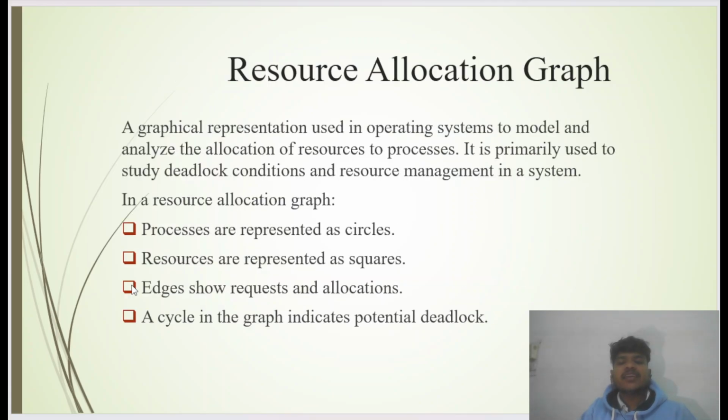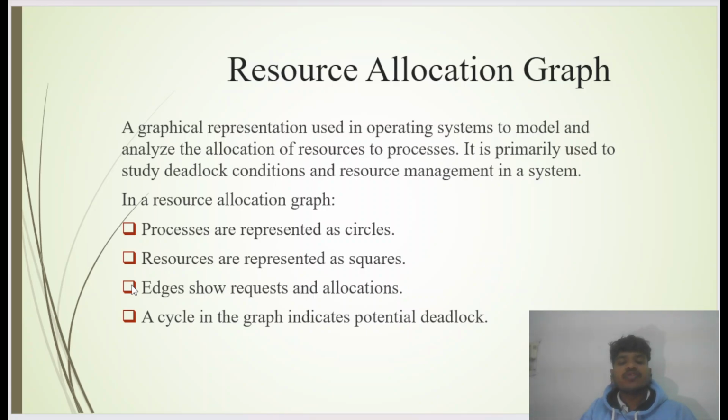After this, let us move on to what is a resource allocation graph that we discussed earlier. It is a graphical representation used in operating systems to model and analyze the allocation of resources to processes. It is primarily used to study deadlock condition and resource management in a system.